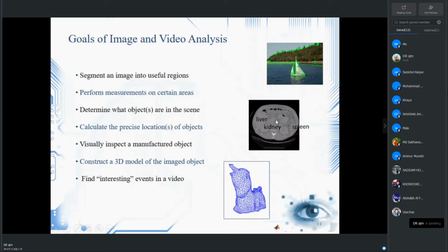Suppose some tumor or some abnormal thing inside the human body, it can be detected and recognized by this method.